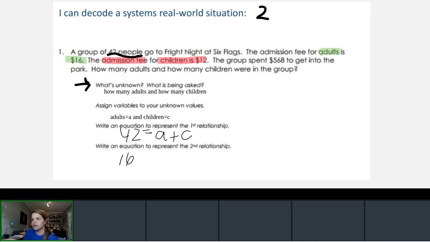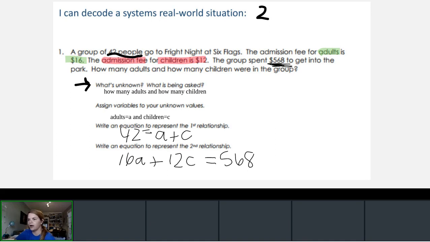So 16A, it's $16 for every adult plus $12 for every child. So if I take the total cost of the adult tickets plus the total cost of the kids' tickets, I get the total that the group spent, which was $568. Okay, so that's writing our system.